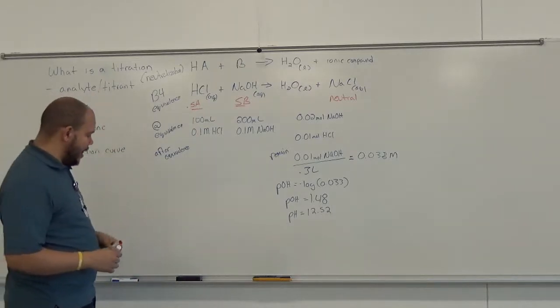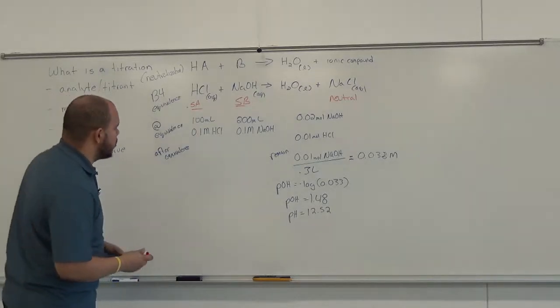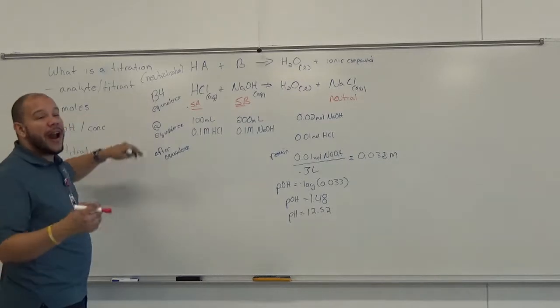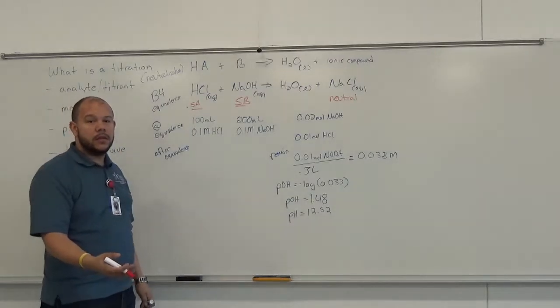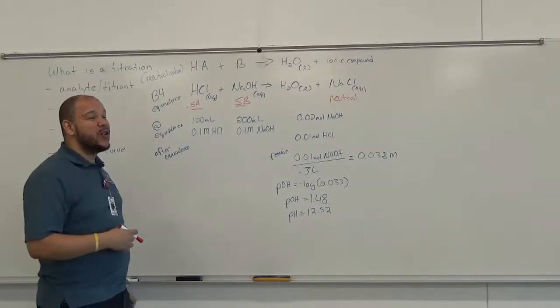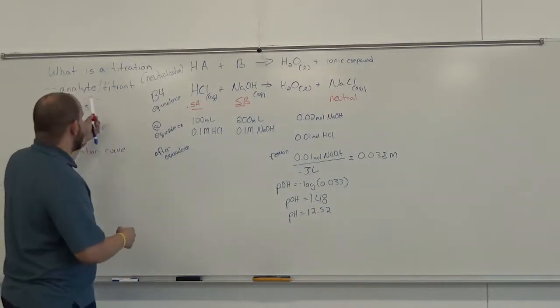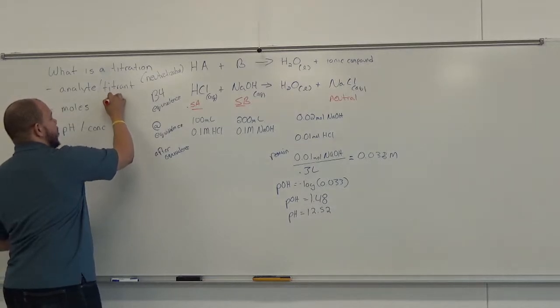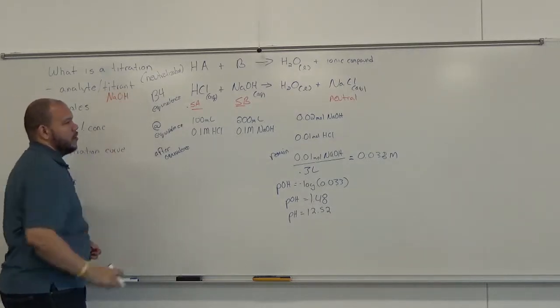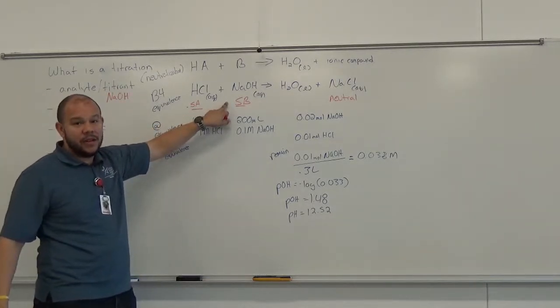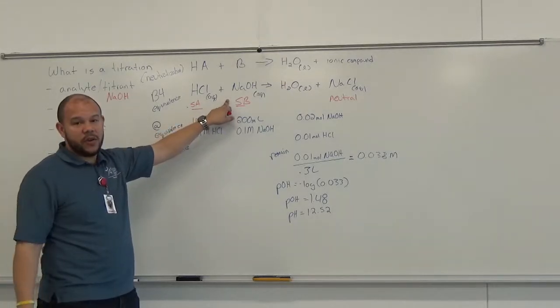So which one is the analyte and the titrant in this scenario? So whatever we are adding in, whichever one is going to be the limiting reagent before equivalence is the titrant. So our titrant in this scenario is sodium hydroxide. We are using sodium hydroxide. We did not have enough at first.